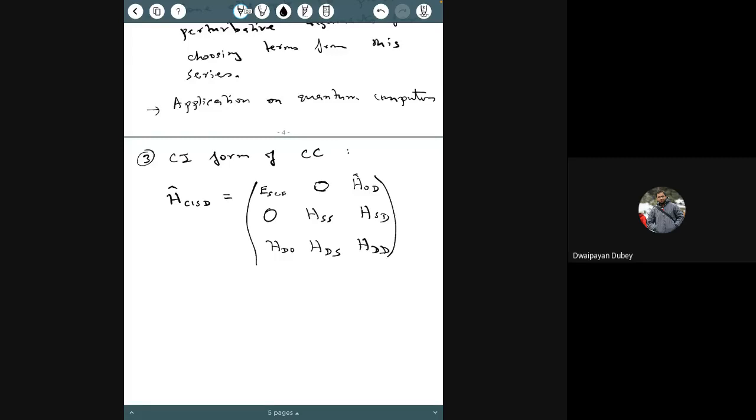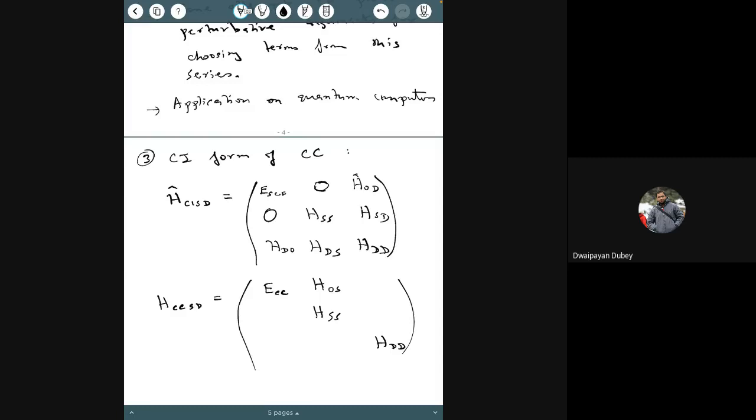If I wanted to do the same thing for CCSD, it would look something like this. But now I don't have a Brillouin's theorem. Why? Because a matrix element of the similarity transformed Hamiltonian, e to the power minus T H e to the power T, between the ground state and the singly excited state contains not only the linear term but also the squared terms.